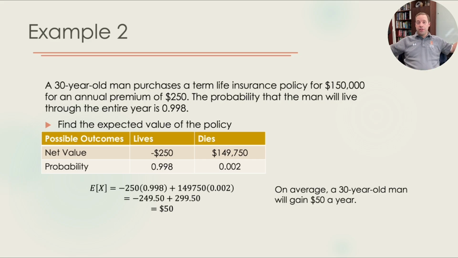If you take 1,000, 10,000, 100,000 30-year-old men with the same condition of $250 premium, 99.8% chance of living through the year on a $150,000 policy, and go through them, most of them will be paying $250, but every once in a while there will be one who does pass away, and so his family is benefited by the insurance company.